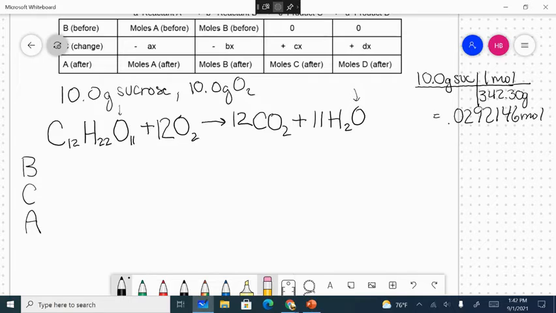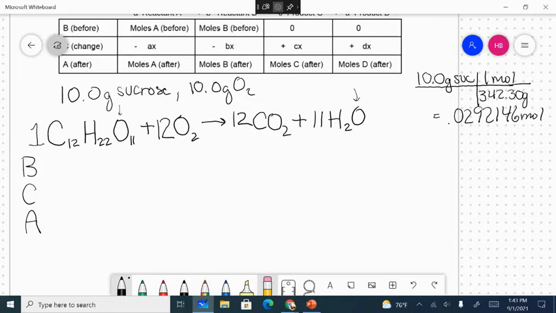Now, the limiting reactant part is the toughest thing to figure out. So I'm going to show you another trick, if that's what's tripping you up, figuring out which one's the limiting reactant. You can see that the coefficient in the balanced chemical equation for sucrose is 1. The coefficient for oxygen is 12. So I need 12 times as much oxygen.